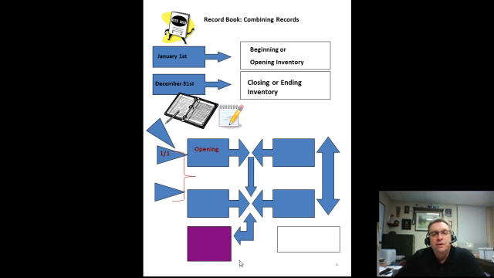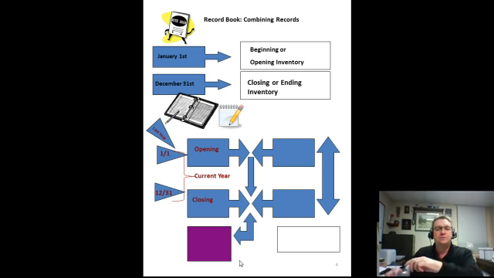Now, when we begin this flow chart, remember we start off with the beginning of the year, January 1st, opening inventory. The opening inventory happens on January 1st, which means that the year before, on the closing date, the last day of the year, December 31st, you close that out, and then you bring that over to opening on the next day, which is January 1st. Then keep in mind the 31st is the closing, and that's the current year that you're going to be working with when you deal with record books.